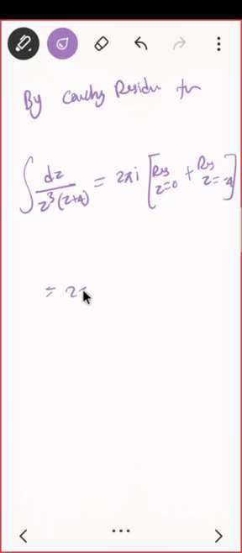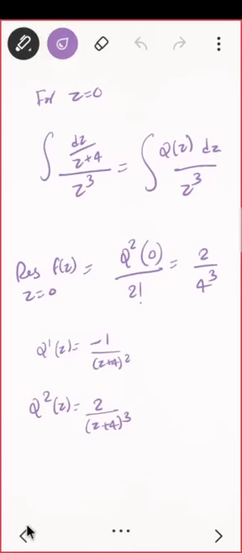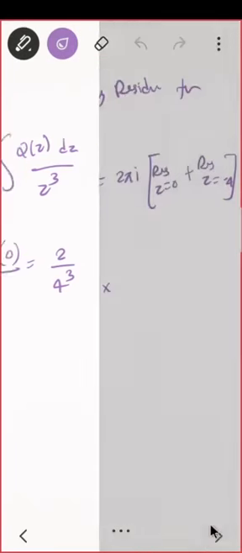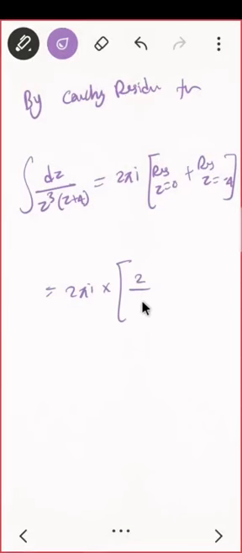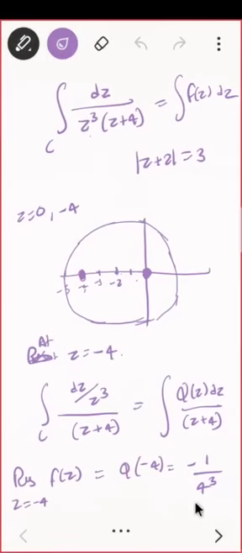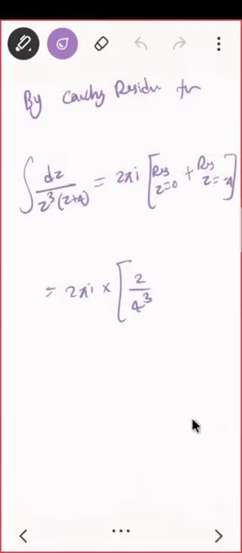So it is 2 pi I multiplied by residue at z equal to 0, it is किधर गया? 2 upon 4 cube, and residue at z equal to minus 4 is minus 1 upon 4 cube.